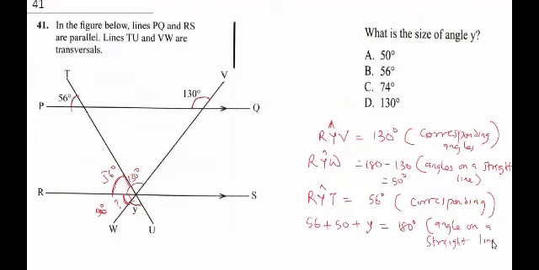Okay? So having established that, 56 plus 50 is going to give us 106 plus Y. That's 180. Therefore, our Y is going to give us 180 minus 106. And when you do the subtraction, you are going to get 74 degrees. And so your correct answer here is C. So I'll mark my C.